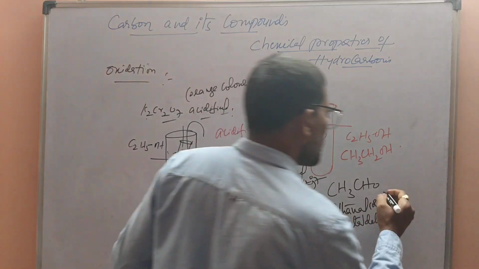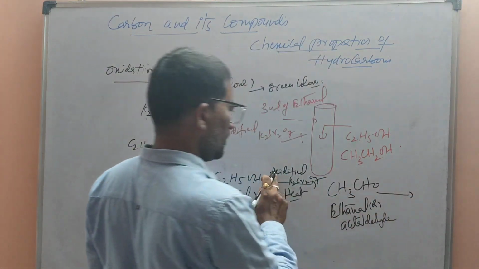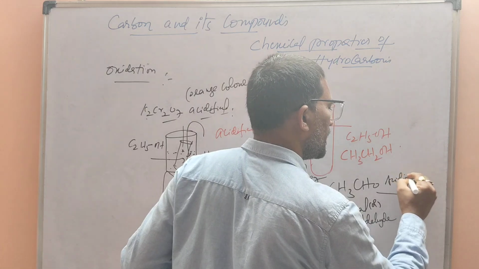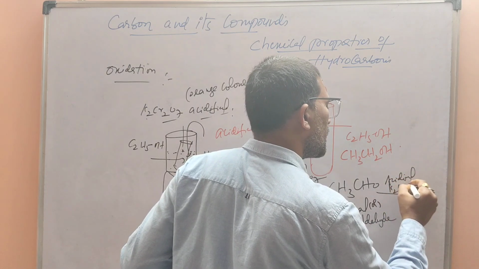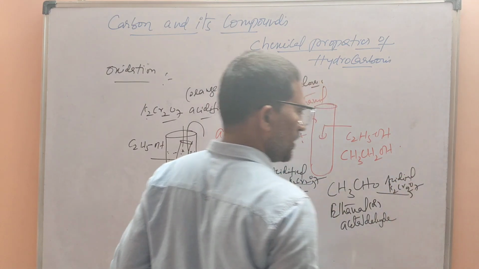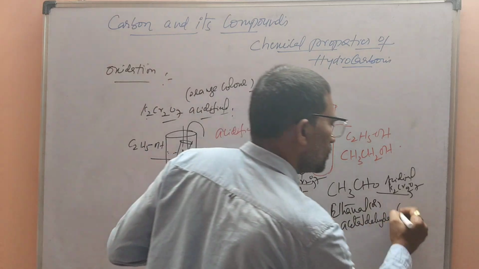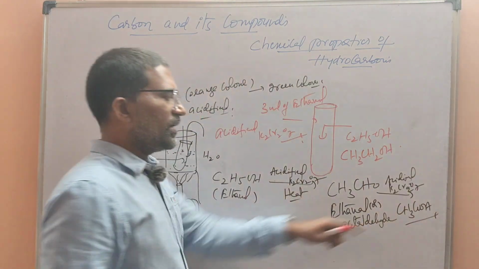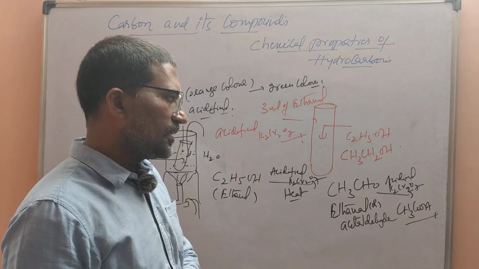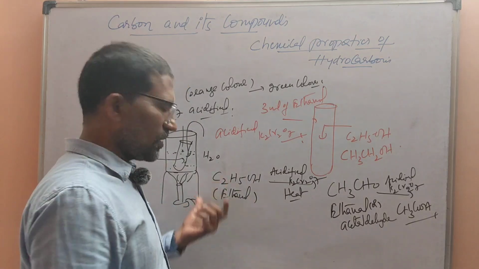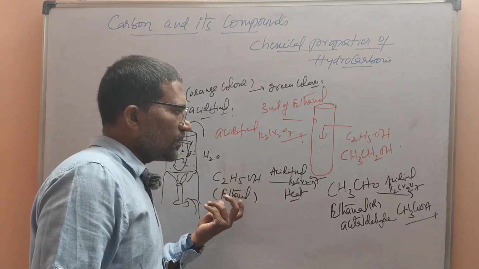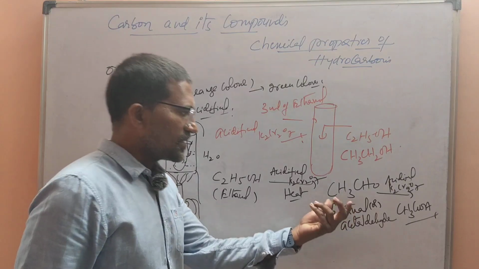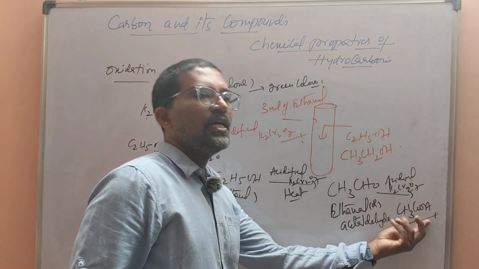With continued acidified potassium dichromate, Cr2O7, it is going to convert into acetic acid, CH3COOH. This is the final product obtained after complete oxidation of ethanol. So ethanol is initially converted into ethanal, acetaldehyde, and next finally into acetic acid.